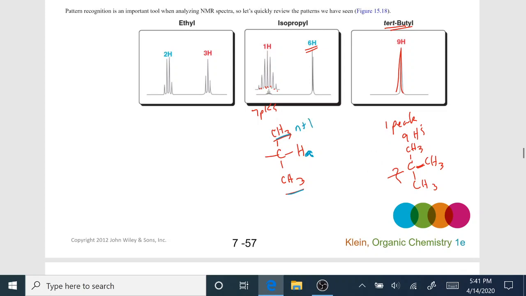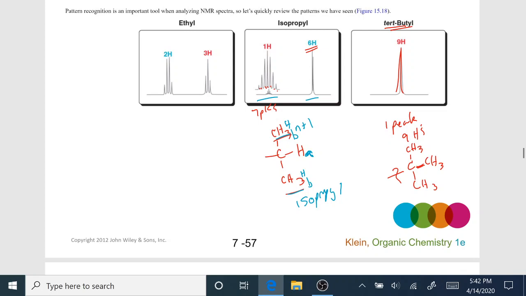And HA has 6 neighbors. We'll call them HB. Okay, so these 6 neighbors split HA into 7 peaks, because 6 neighbors plus 1 is 7. So that is very characteristic for an isopropyl group. This is an isopropyl group, and it has this characteristic pattern of 1 hydrogen with 7 peaks and 6 hydrogens with 2 peaks.